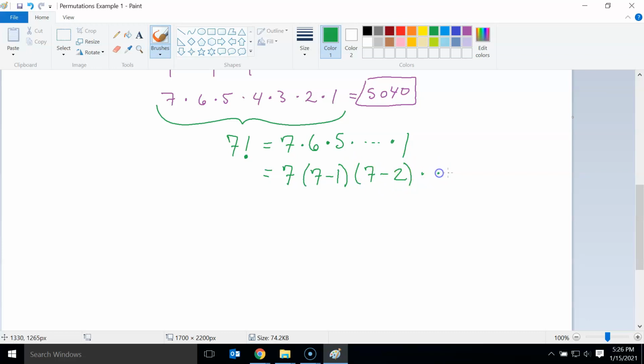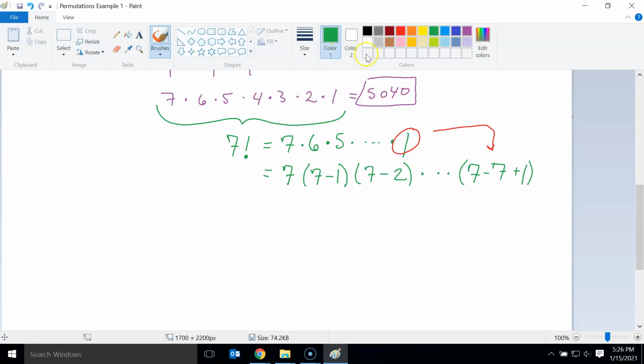Now, if we continue this pattern, remember the last whole number is 1. We're going to be subtracting by 2, then by 3, then by 4, then by 5, up until we end up with 7 minus 7, which is 0, and then we can add the 1.